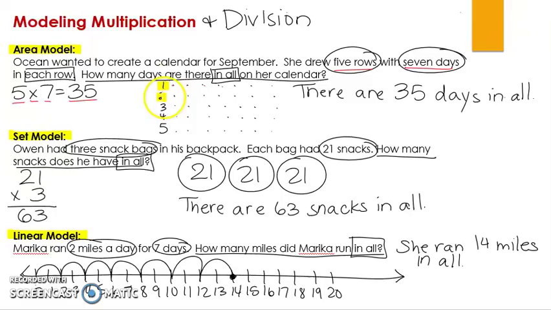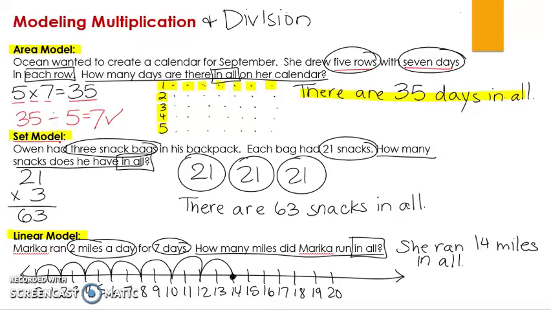You'll see that first I numbered 5 rows and then I put 7 in each row, and that gives a total of 35. And so I wrote there are 35 days in all on her calendar, and I can check my answer using an inverse operation. Is 35 divided by 5 7? Yes, it is.